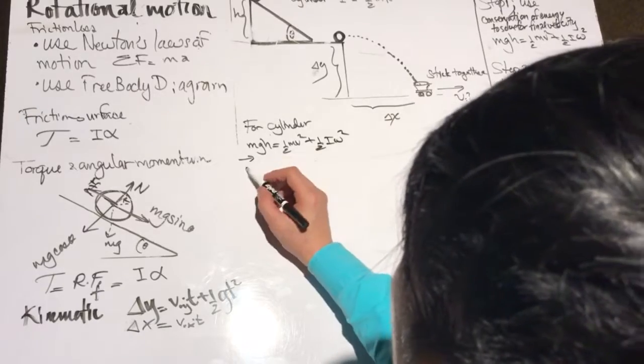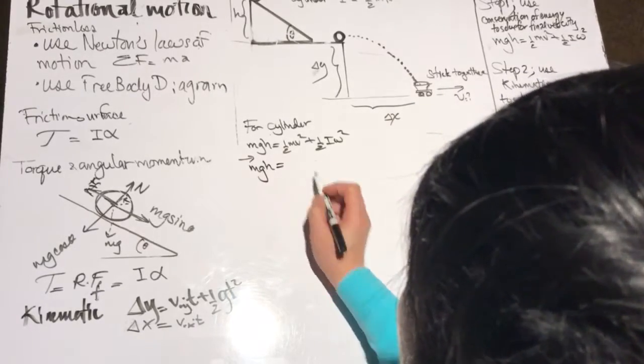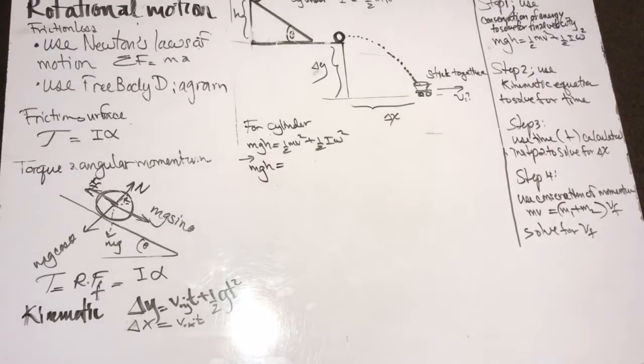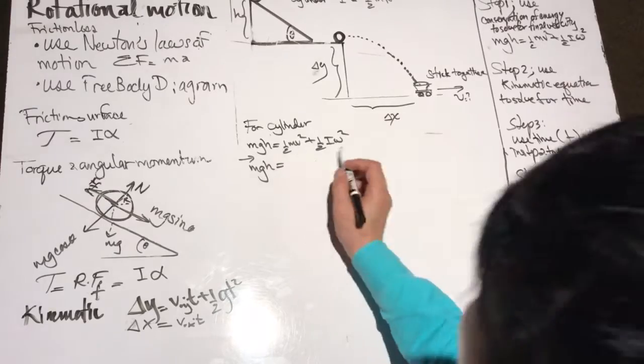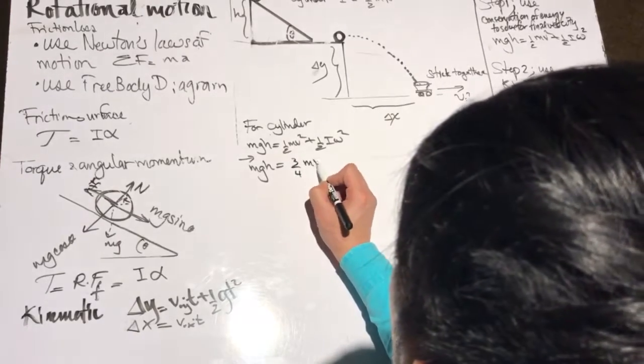So once we replace that, the final one should be mgh is equal to, this one I combined, 3/4 mv squared.